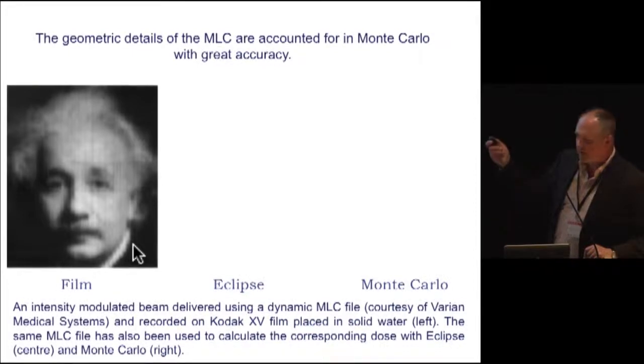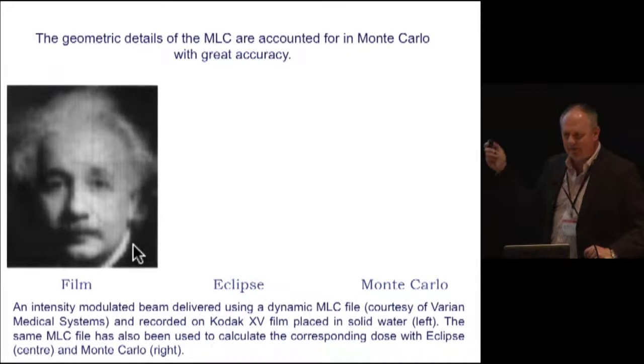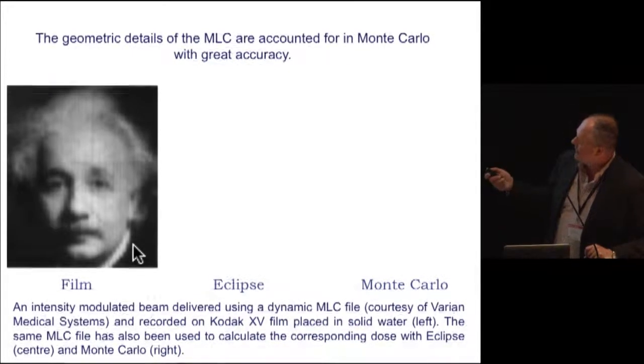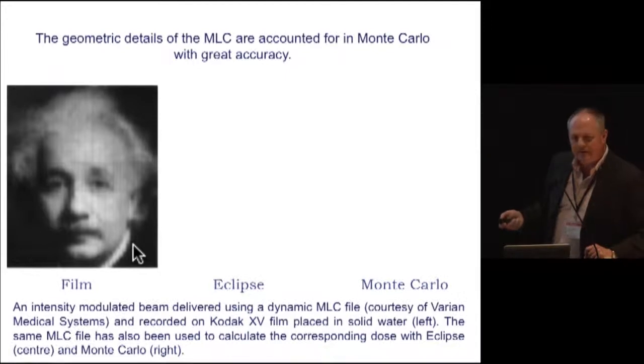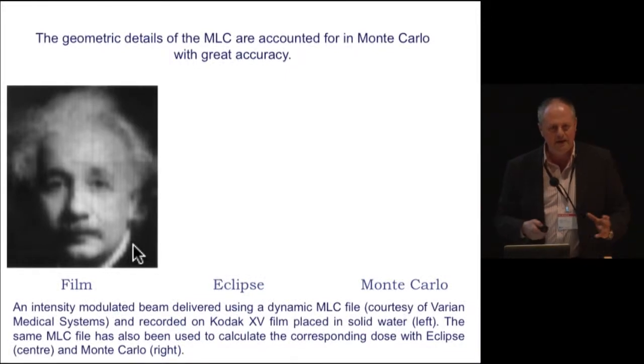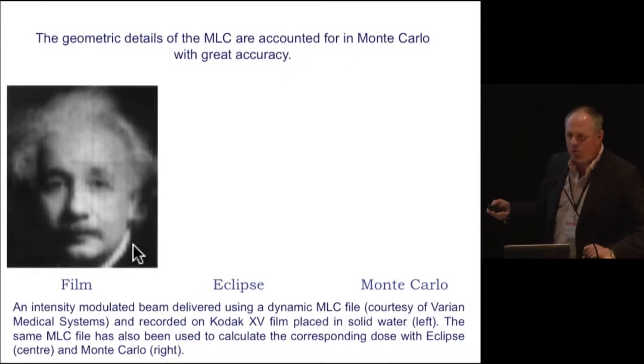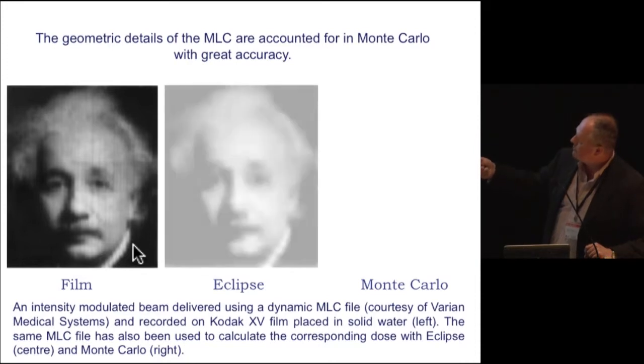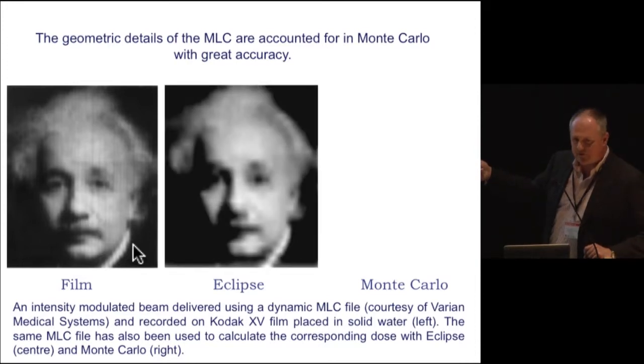Some of you have seen this in other presentations of mine, but I like to show how Monte Carlo can model the MLC. Varian came up many years ago with an MLC leaf sequence that allows you to obtain the photo of Einstein on a film in solid water.